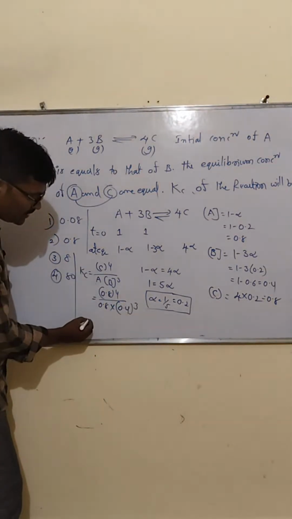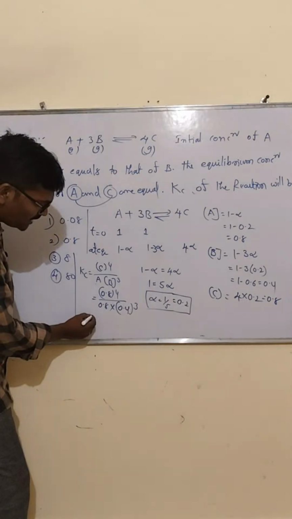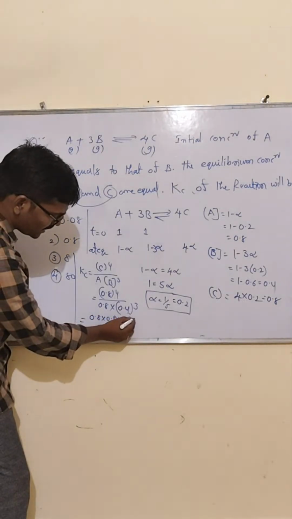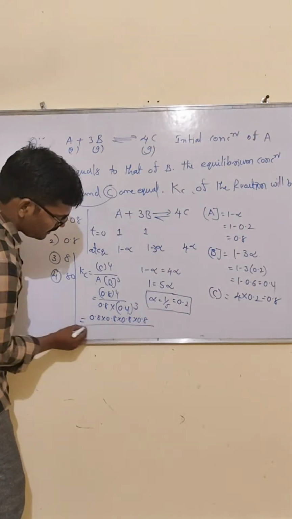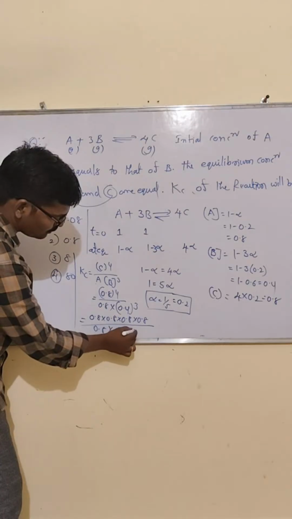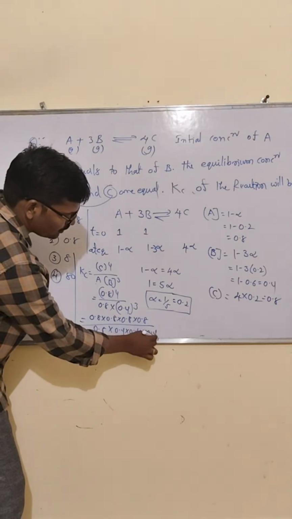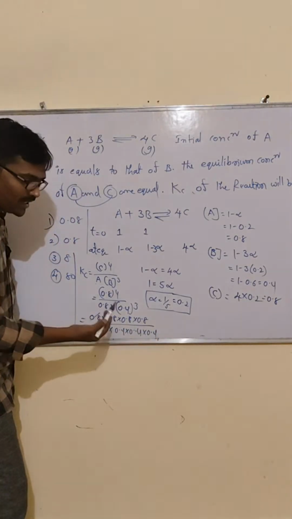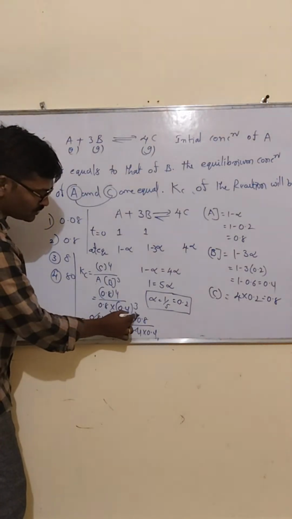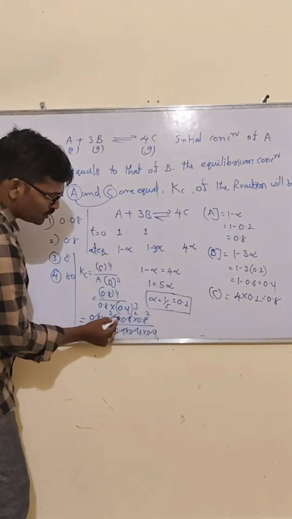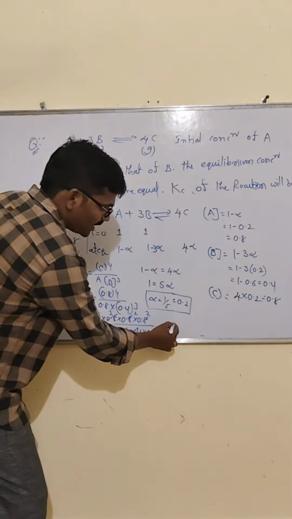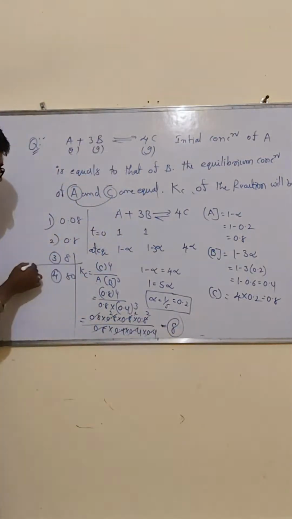Clear? 0.8 four times: 0.8 into 0.8 into 0.8 into 0.8, divided by 0.8 into 0.4 into 0.4 into 0.4. Yes, 0.8 and 0.8 cancel. Then ones, twos, ones, twos, ones, twos. So 2 into 2 into 2, 2 to the 4, 4 to the 8. So 8 is the answer.